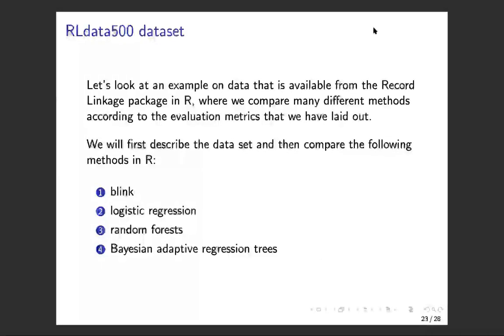I'm first going to describe the data set, and then compare the following methods in R. I'm going to use the Blink method, from Steorts 2015, which appeared in Bayesian Analysis. Then logistic regression for deciding whether records are a match or a non-match. Then the same type of thing using random forests. And finally, BART, or Bayesian additive regression trees, and see how these compare.